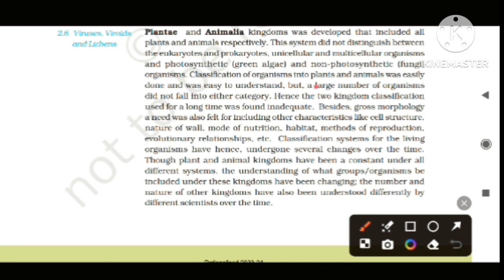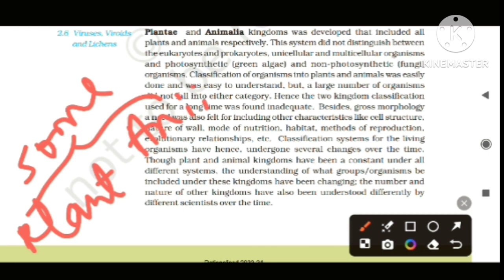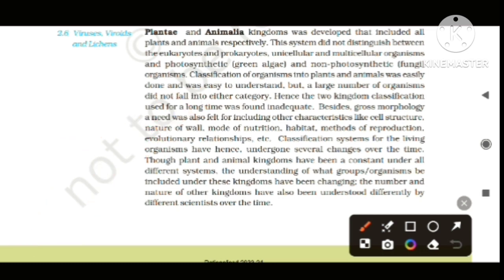Plants and animals was an easy method, but some organisms exist that do not fall in any category. They are not plants, they are not animals. In which category do we have to put them? That's the problem.